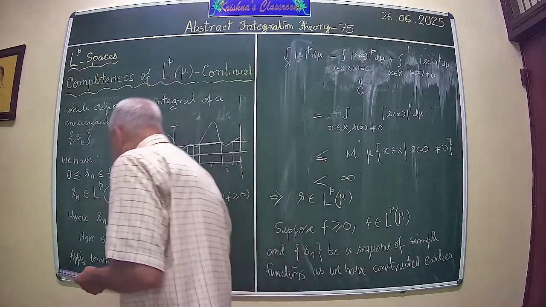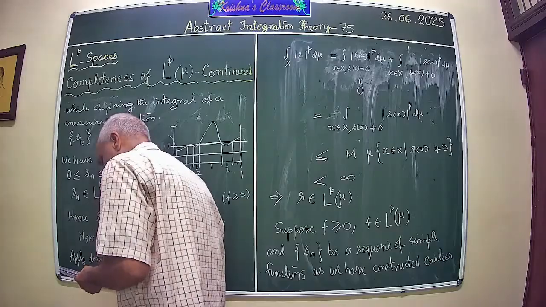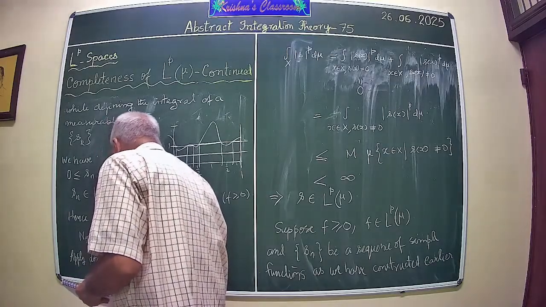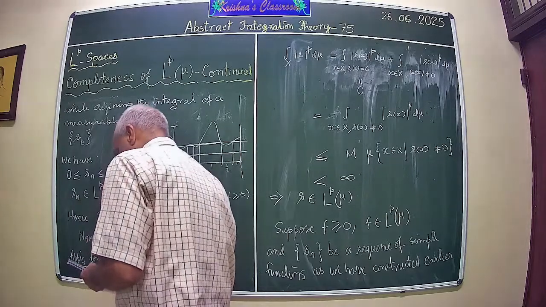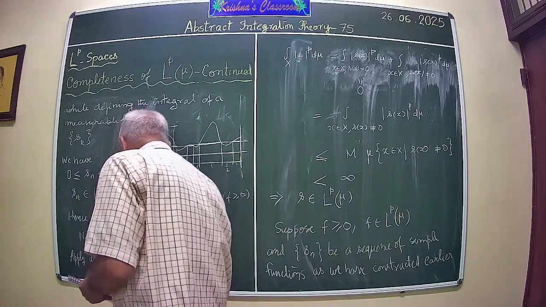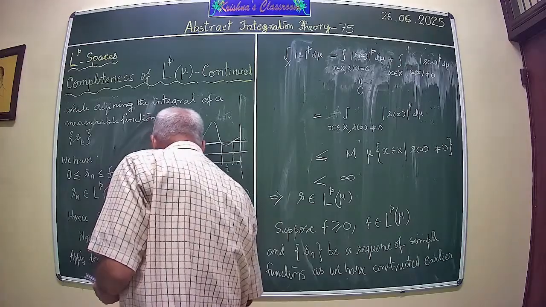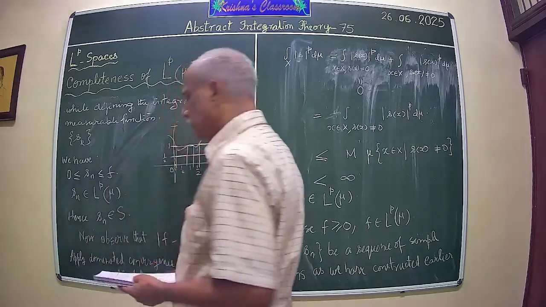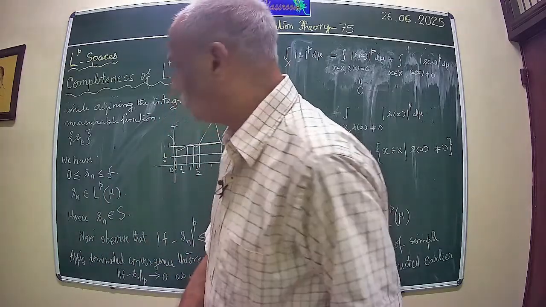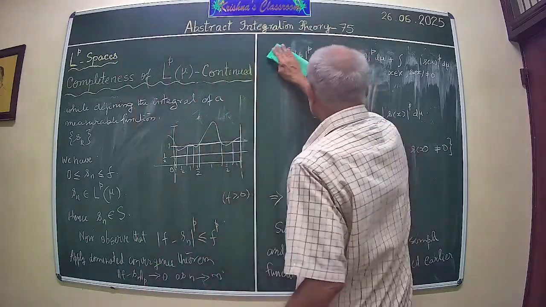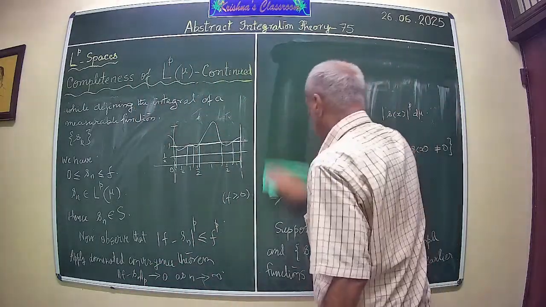You get norm of f minus S_n goes to 0. What is happening is, you look at this sequence. See, what you get is this.